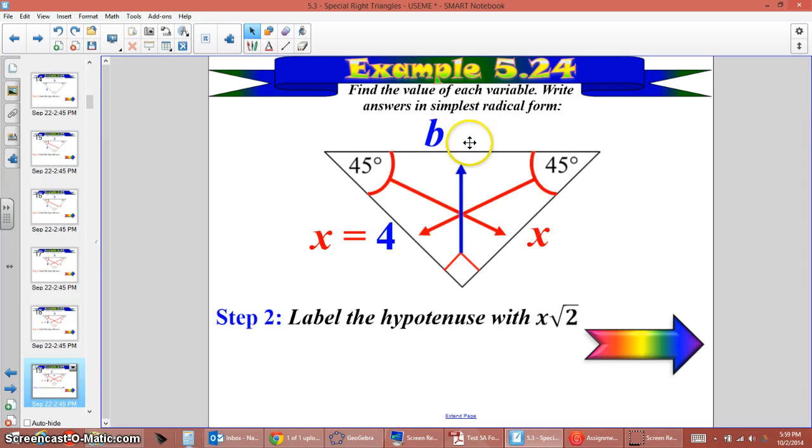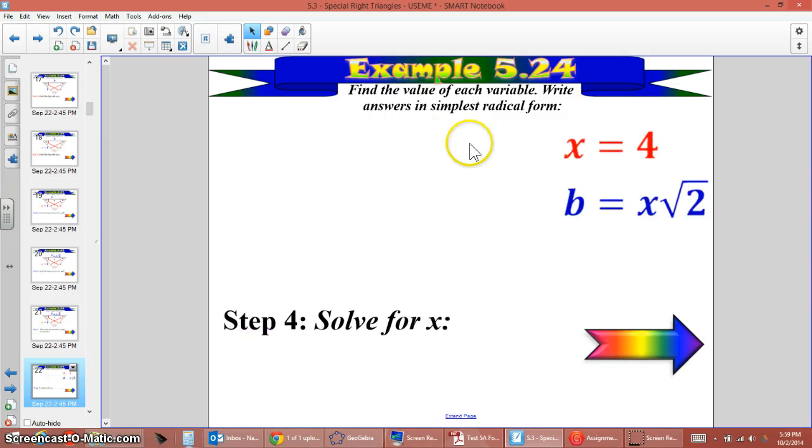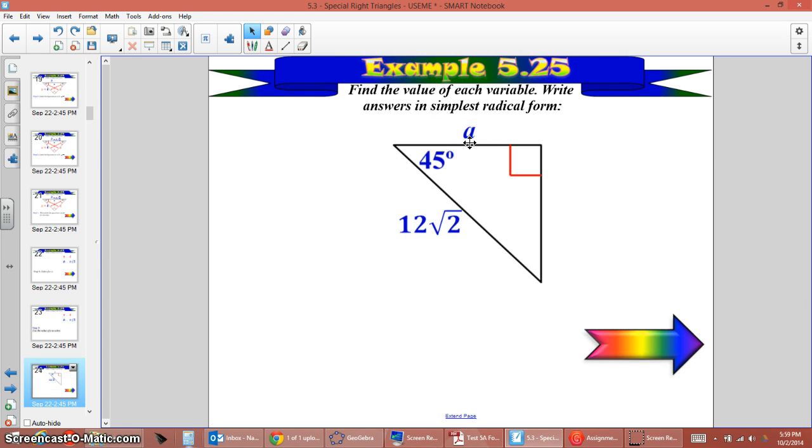These are my favorite. They're so easy. You just got to see that it's the same value. So right here, we've got 12 root 2. Instantly, I know that a is 12. Because on my cheat sheet, I have x root 2, and this one is x. So I say, well, x is 12, so a must be 12. Now, if I don't know those tricks, I look at it and I set up my formulas.